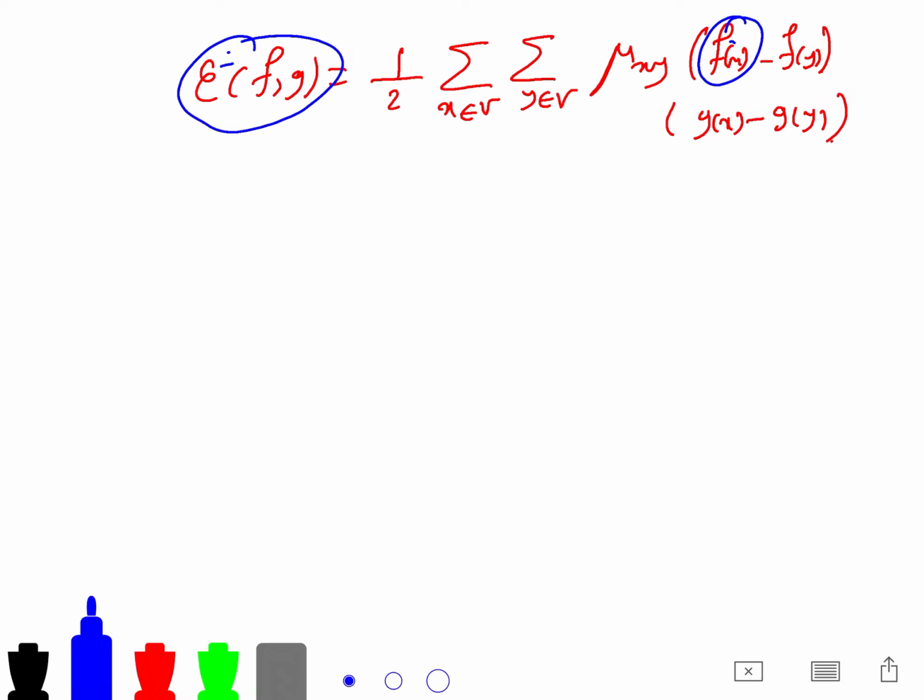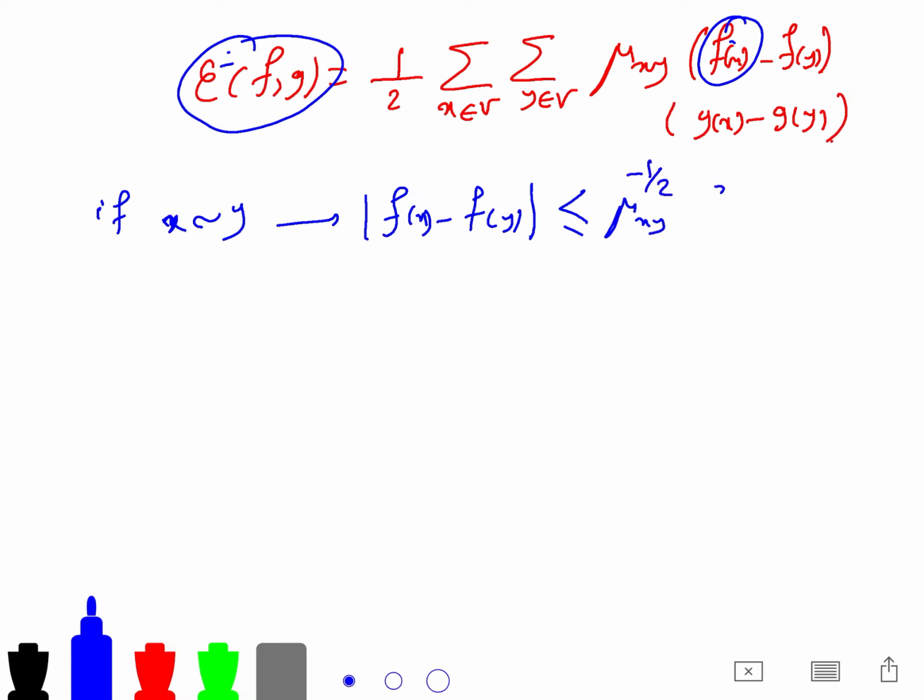There is a proposition that says if x is adjacent to y, then f of x minus f of y is bounded by mu_xy to the minus 1/2 times the square root of the Dirichlet energy of f and f. The proof is very easy. Just use the definition of E and you will see that it's less than that.